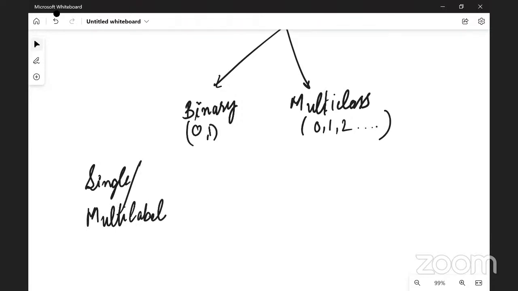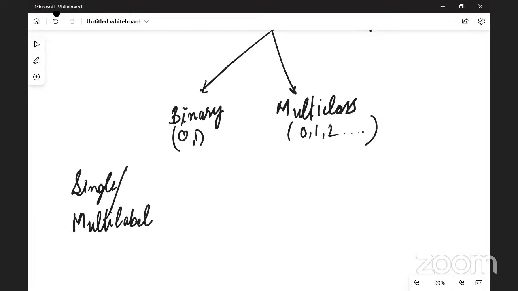The same thing goes for regression as well. Can anybody tell me the difference between single label and multi-label? In single label, we have only one option as the final answer. For example, there are 3 kinds of iris flower, but at the end, the flower could be of any one type.